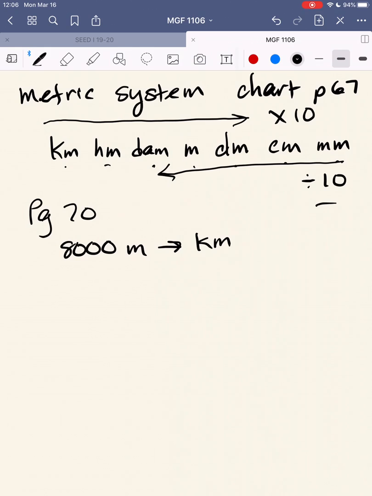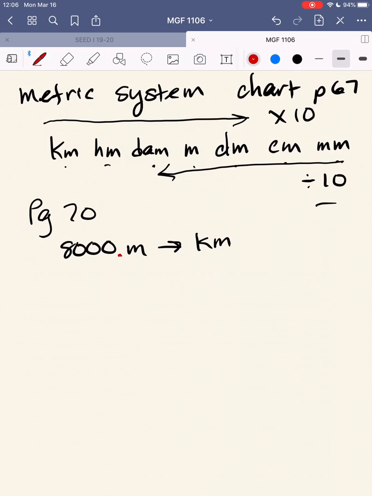Division by 10 just moves the decimal place over. When we're dividing by powers of 10, our decimal starts right here, because it's a whole number. And every time I divide by 10, that decimal moves to the left one place value.